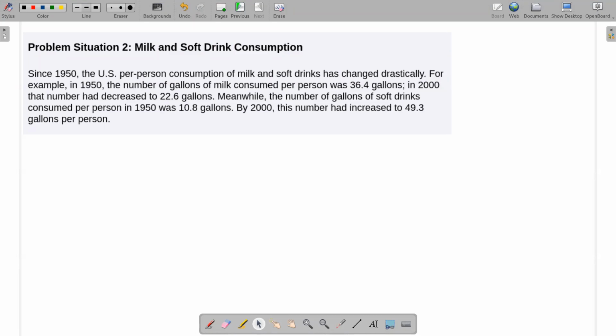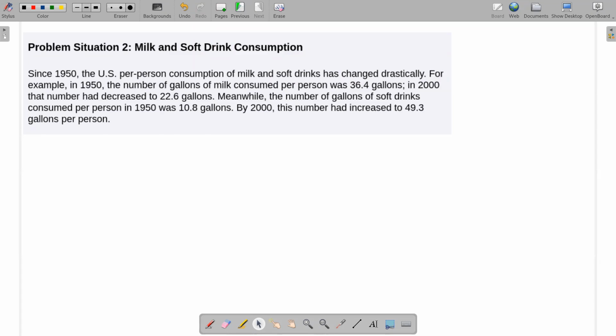Since 1950, the US per person consumption of milk and soft drinks has changed drastically. For example, in 1950, the number of gallons of milk consumed per person was 36.4 gallons. So that's in 1950, the average person consumed 36.4 gallons of milk per year.